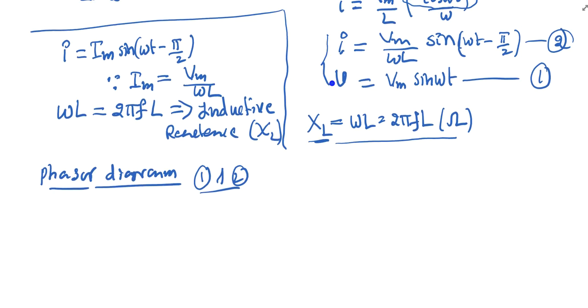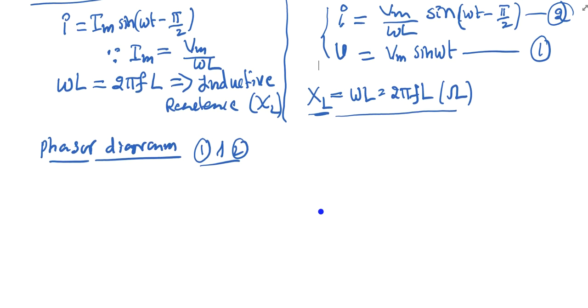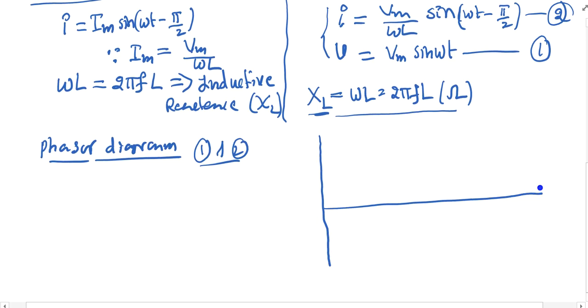If you draw these two equation waveforms, first I draw the instantaneous waveforms, after that I will go for the phasor diagram. V is Vm sin omega t, so obviously it starts from the origin.